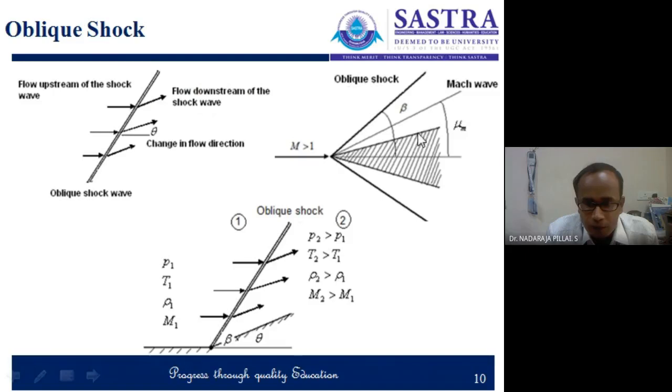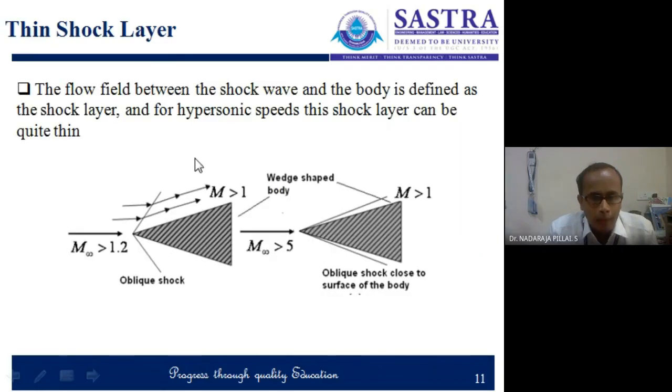Say in the case of the shock wave and the body, this area is the shock layer, right? So let us say at Mach number 1.2, that is obviously a supersonic flow, where you have an oblique shock wave, and this is the wedge angle, and you can see the shock layer is quite thick.